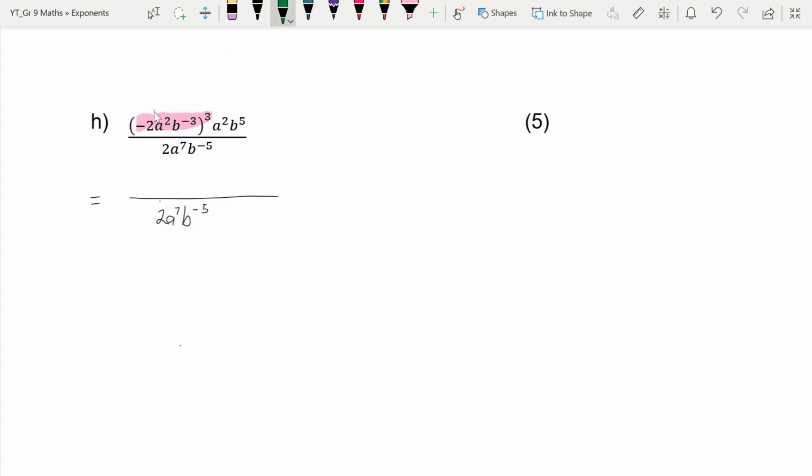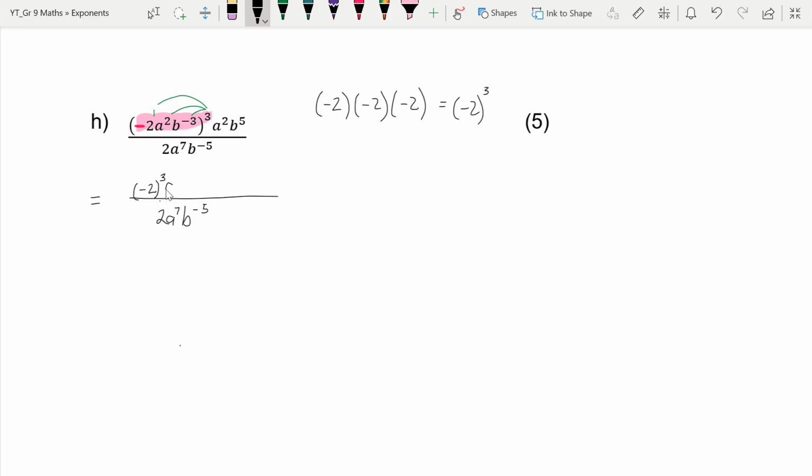So all the exponents on the inside get multiplied with the exponent on the outside. But now, be mindful, this is a common mistake. That is a negative 2. So I am going to keep that negative 2. That belongs together. That whole thing is going to be to the power of 3. How can we also look at that? Well, it's negative 2 inside the bracket that will be multiplied by itself 3 times. So that's why I need to keep that negative inside the bracket with the 2.